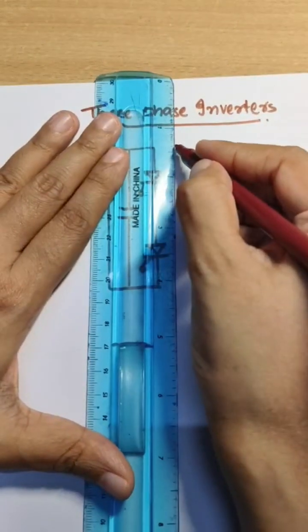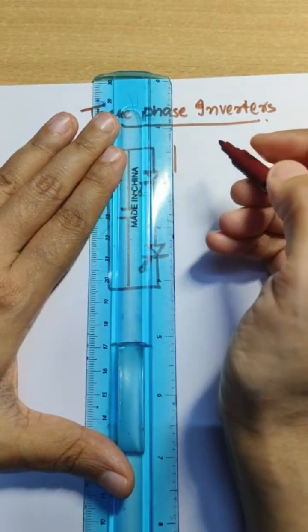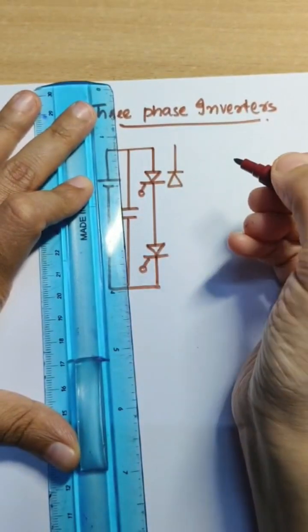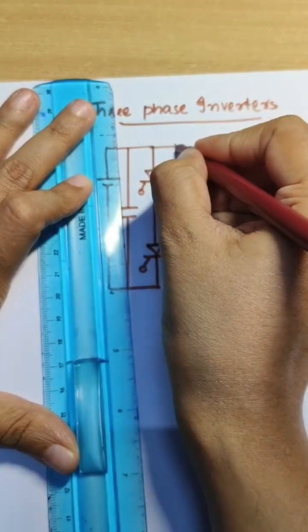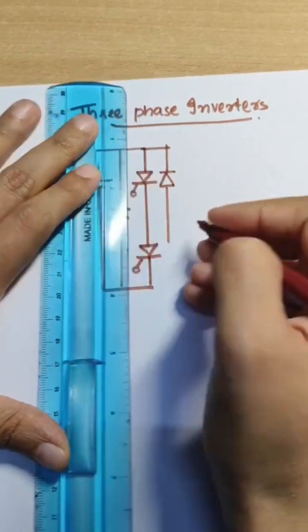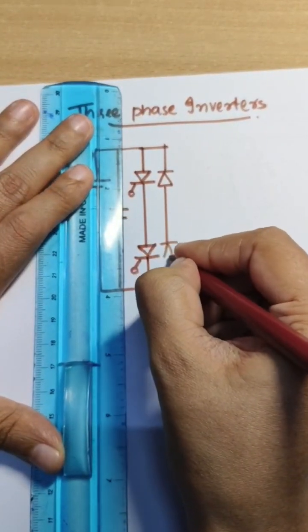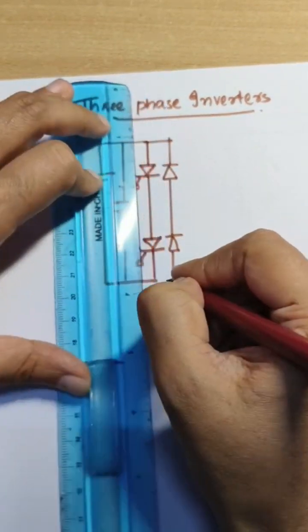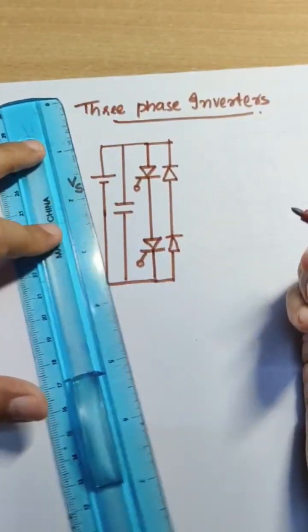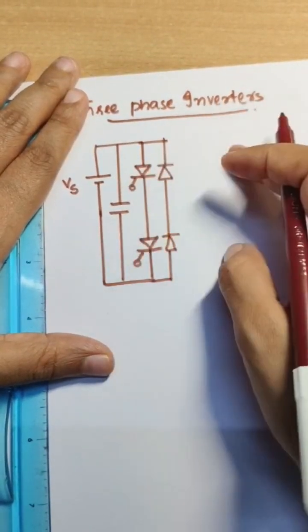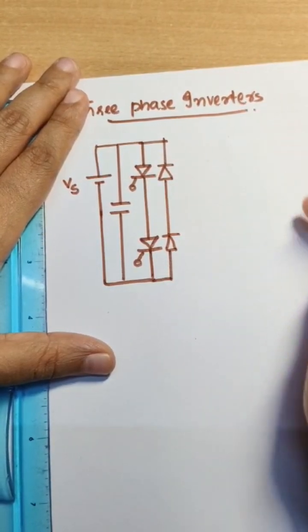Parallel to the thyristor switches, a diode is connected anti-parallel. This is phase A. Similarly, we need to draw phase B and phase C.